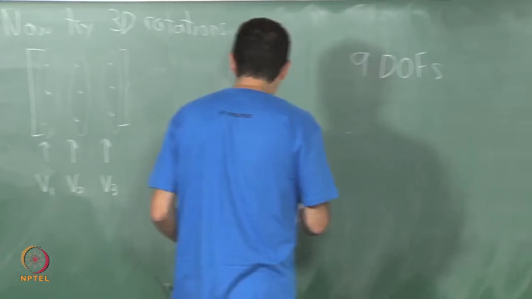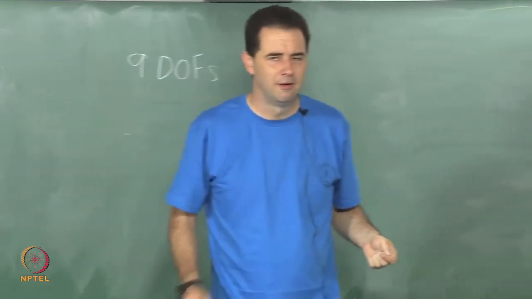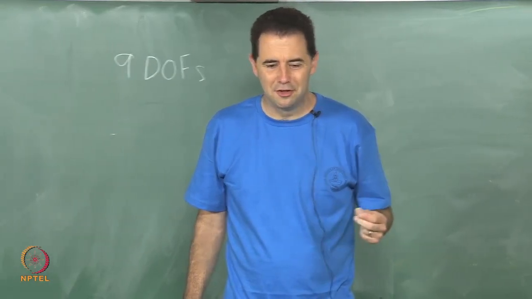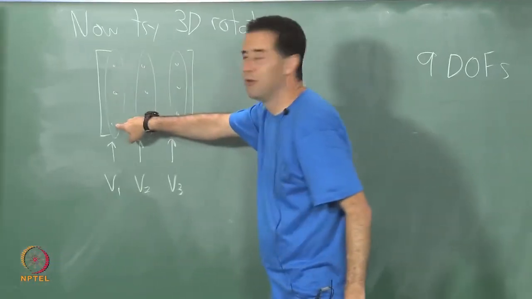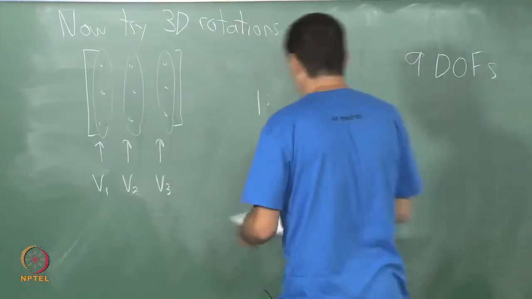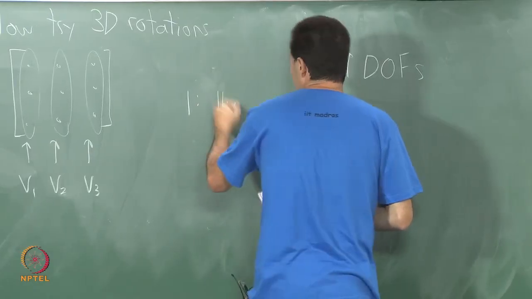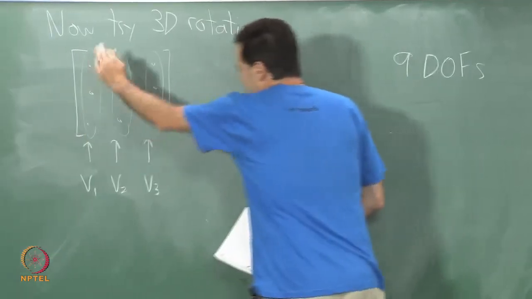All right, so constraint number 1. What was constraint number 1? Anybody remember? Yes, the lengths of the vectors should be 1. If I square each of the components and add them up, I should get 1. I can write that using norm notation from linear algebra, but if you don't remember that, just square each element and add them up.